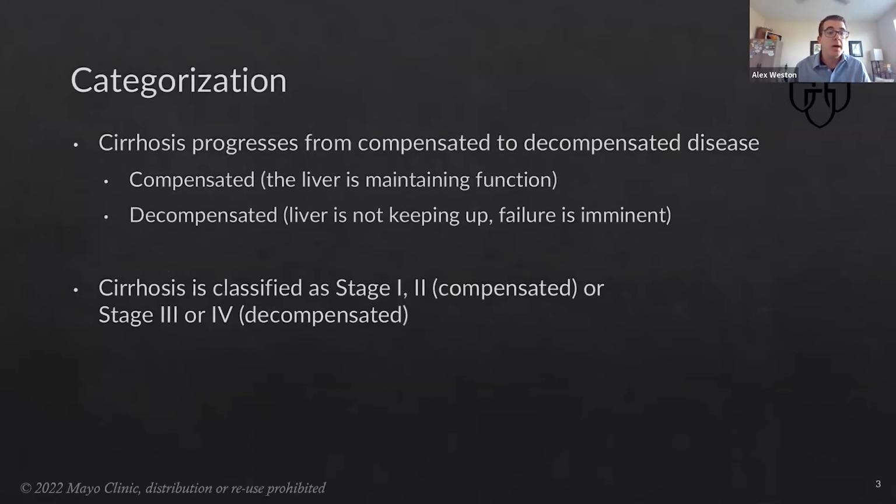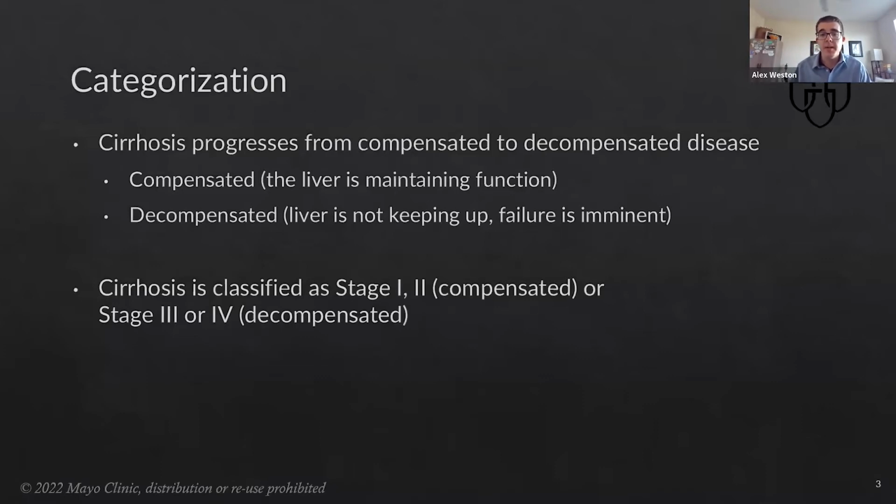So this is stage 1 or stage 2 disease, but eventually if cirrhosis is advanced enough, it'll progress to decompensated disease, which is where the liver is not able to keep up with metabolizing these compounds. And that's when you start to see symptoms such as jaundice or hepatic encephalopathy due to ammonia buildup. And this is a clinical emergency.